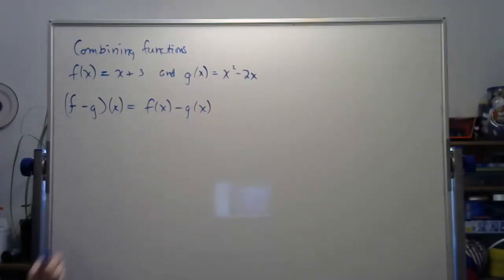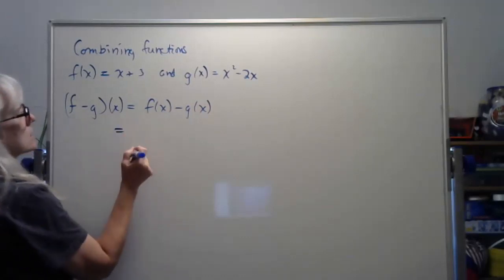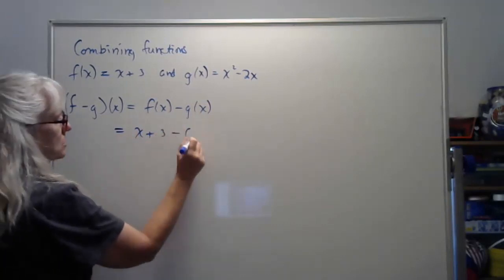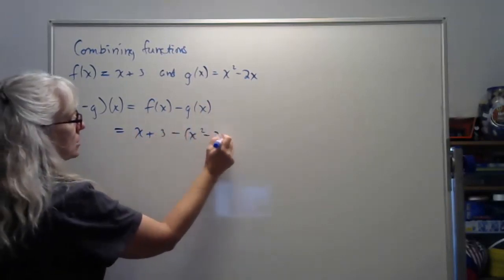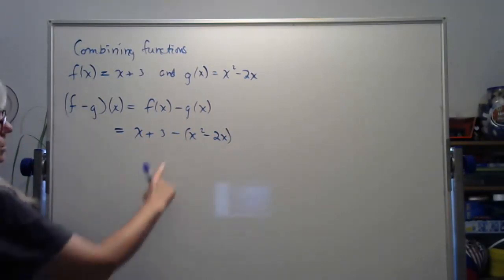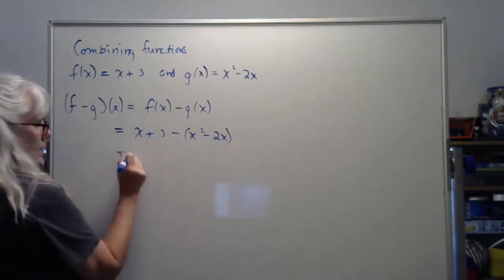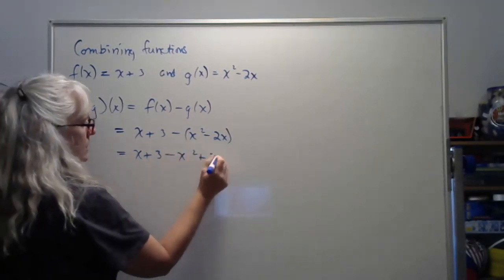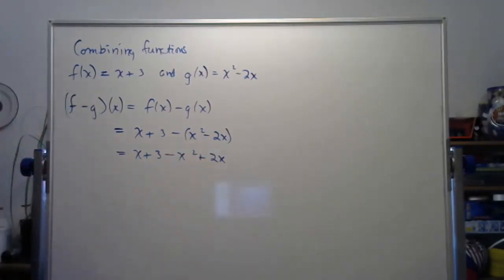Be really careful here because you're likely to make some sloppy mistakes. I'm going to take my first function, f, and then subtract the second function. When I subtract a function, I tend to put it in parentheses so that I remember to change the signs. So you'll notice I put a minus here. That's going to make x plus 3 and a negative x squared, but a positive 2x. So don't forget to switch your signs.